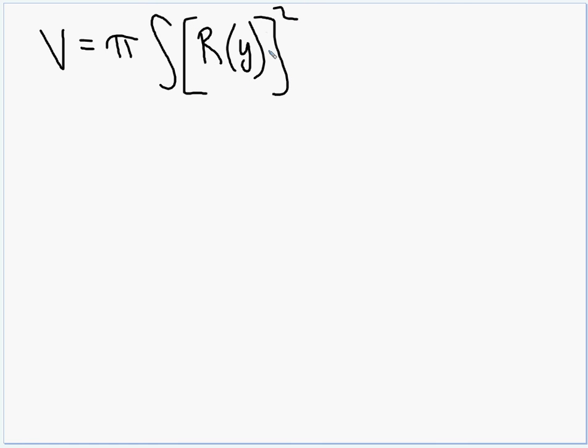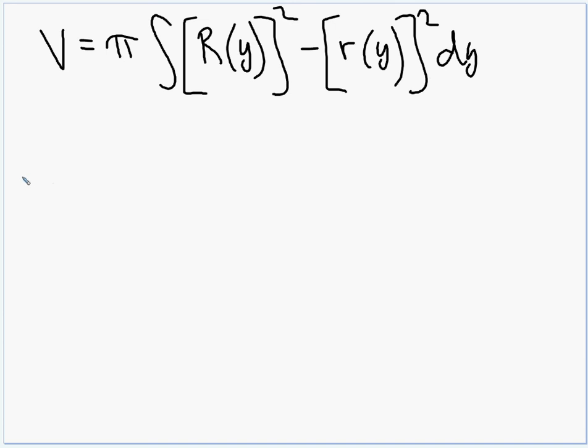Here we're going to, let's do volume equals pi. We're going to have our outer radius, our capital R of y, that's quantity squared, minus our inner radius, lowercase r of y, also quantity squared, and dy, since everything here is with respect to y. So we've got the pi.